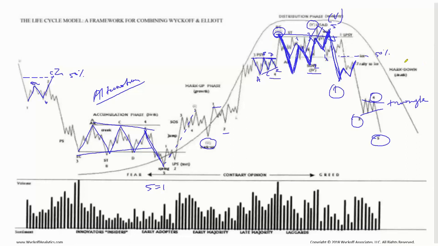And your distribution phase would incorporate, say, a 3-wave decline in wave 4, and then, as you have sketched out on the slide here, perhaps an ending diagonal where you make a moderate new extreme beyond the wave 3 origin point. At that point, that would culminate the larger trend, and then you go through the markdown phase. So again, we're looking at the market the same way, but the language is just a little bit different. Yeah, I absolutely agree.